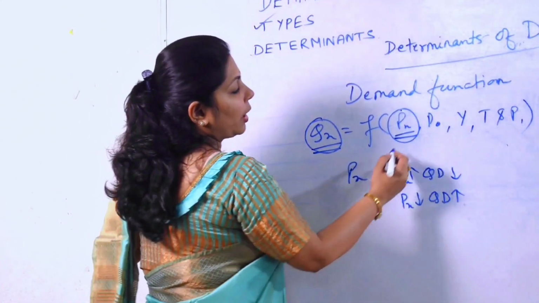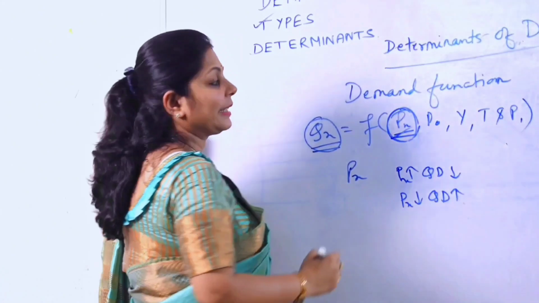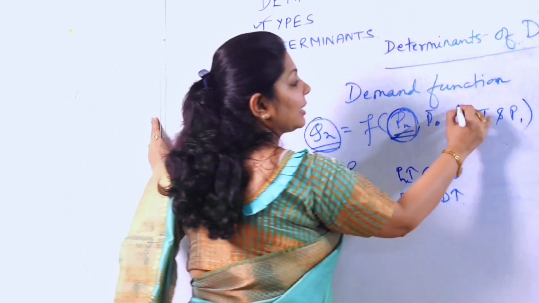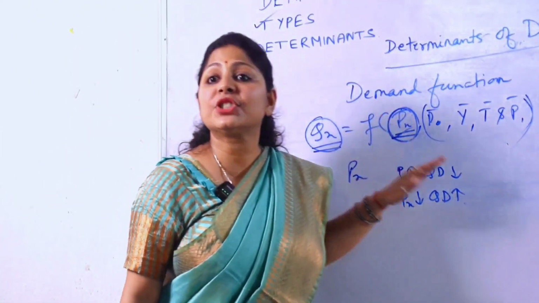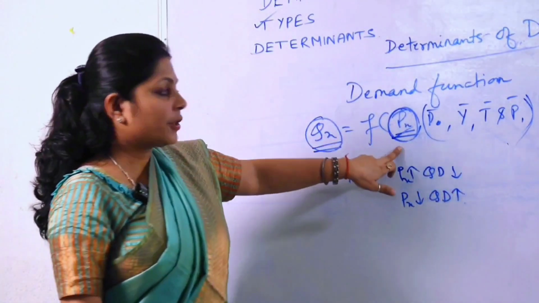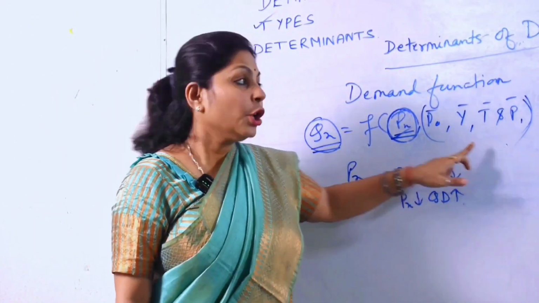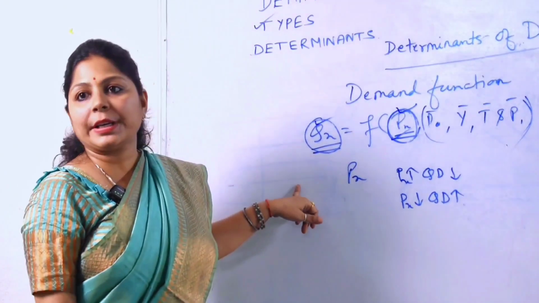When we talk about the determinants, if the price of the commodity is fluctuating, that means the price is changing, increasing or decreasing, then the other factors will remain constant. That means they will not change. So this shows the relationship between the price of the commodity and its quantity demanded.